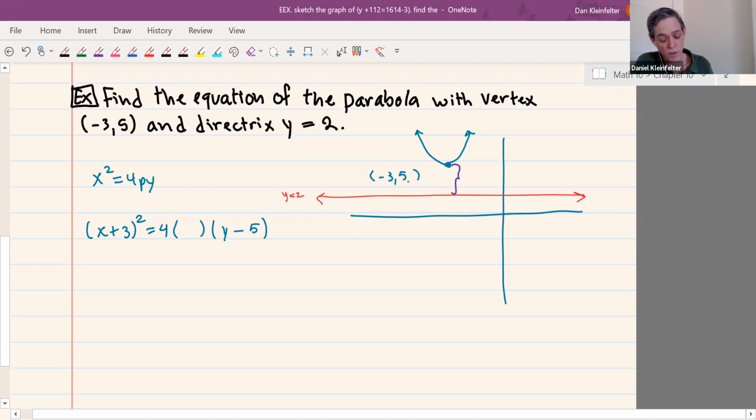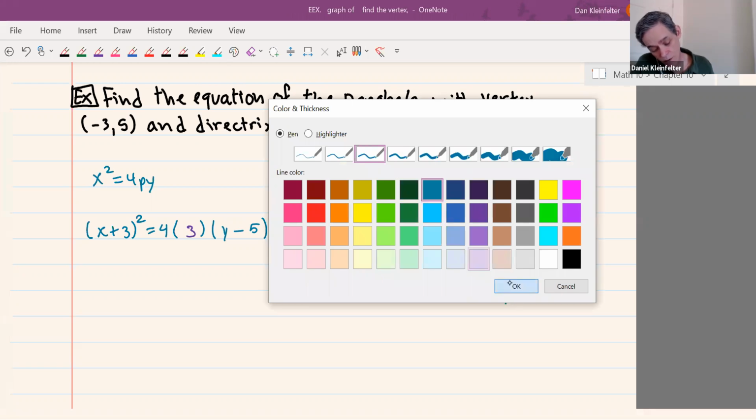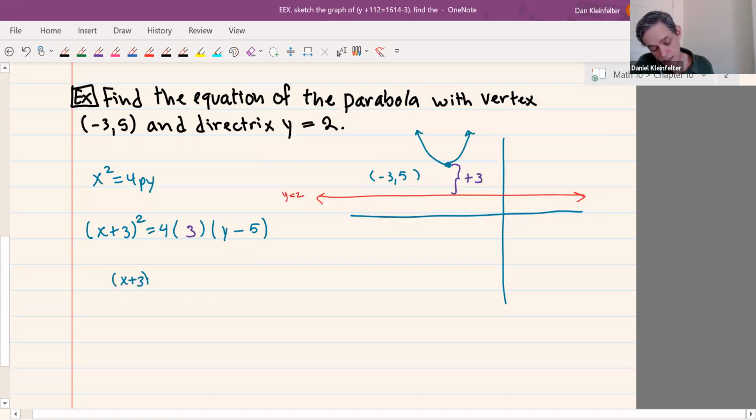How far is it from 2 to 5? It's a distance of 3. So that distance has to be our p. Altogether that gives us our equation: (x + 3) squared equals 12(y - 5).